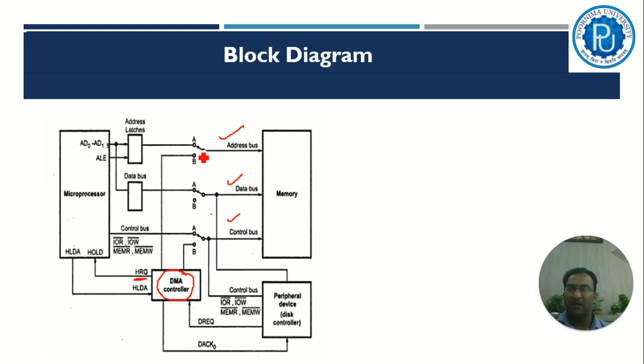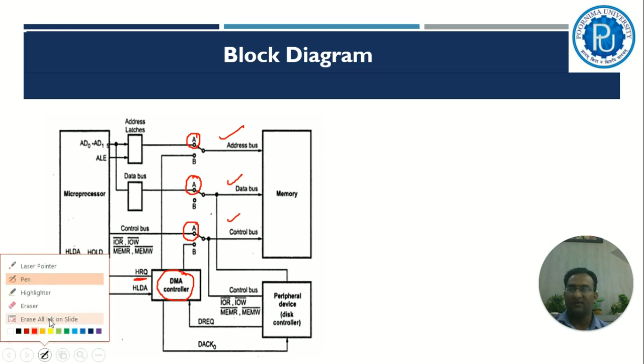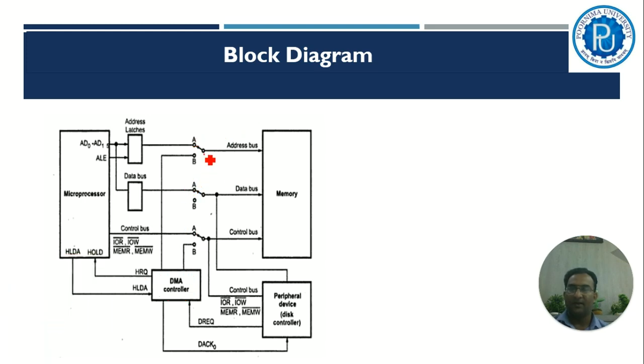Initially they are connected to point A. The address bus is connected to switch A, the data bus is also connected to switch A, and the control bus is also connected to switch A. But after the microprocessor gives the bus grant to the DMA controller, all these lines will be connected to point B. When they are connected to point B, the DMA controller becomes the master controlling the address bus, data bus, and control bus.